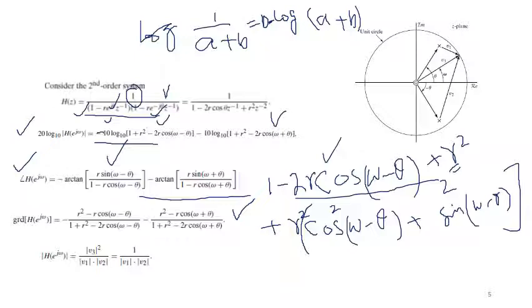Similarly, for the case that we represent the magnitude response in the vector diagram notation, v3 represents the 0 vector.